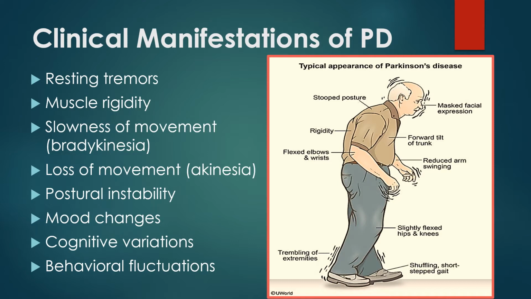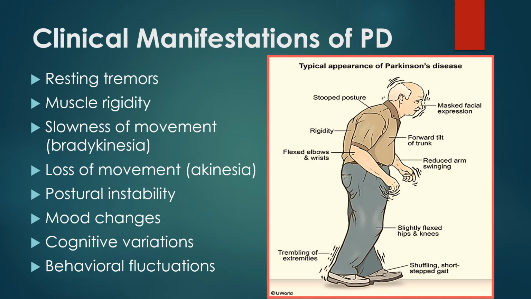As he or she evolves through this disease state, more pronounced physical disabilities are noted, such as, and you can see here on the slide, a slow shuffling gait, a widening gait, and postural instability. In the final stage of Parkinson's disease, the patient will be much slower, and the rigidity will become more pronounced.